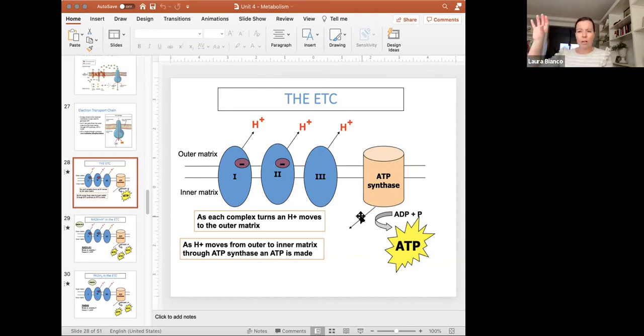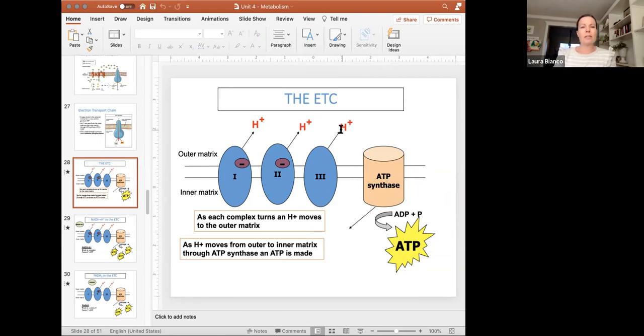So if you have all of the hydrogen ions out in that intermembrane space and now there's none in the matrix, they are naturally going to want to diffuse, to spread out, and they're going to diffuse back into the matrix. But the only way back in is through this molecule here, which is also embedded in the inner membrane, and it's called ATP synthase.